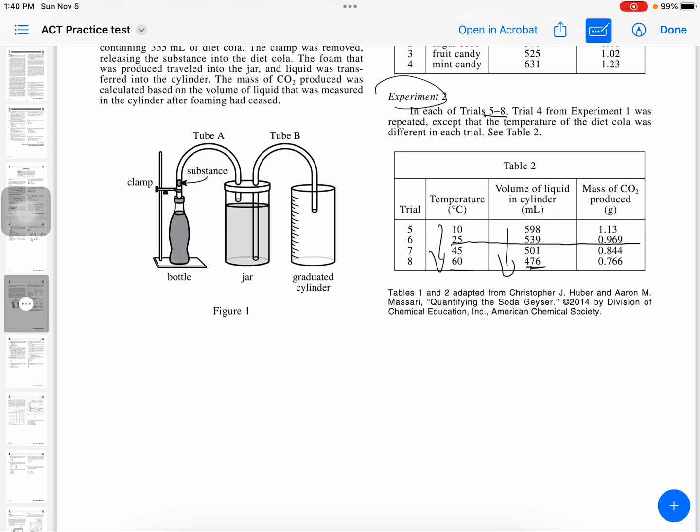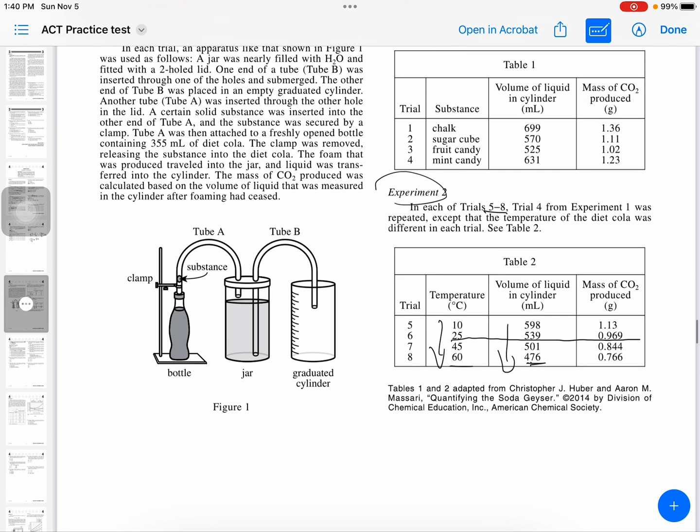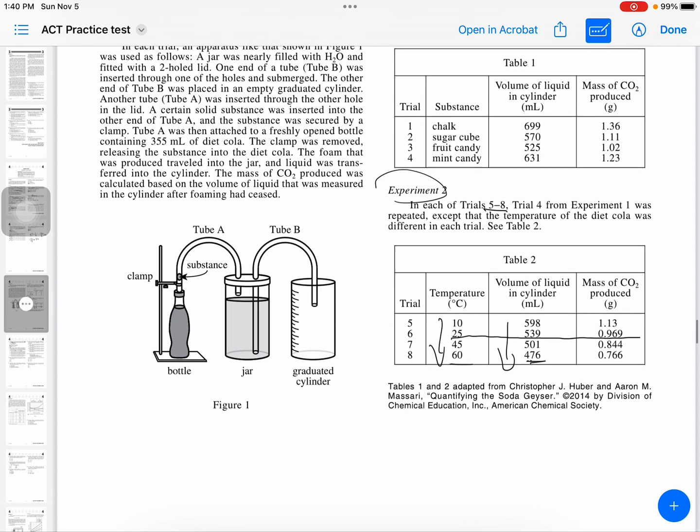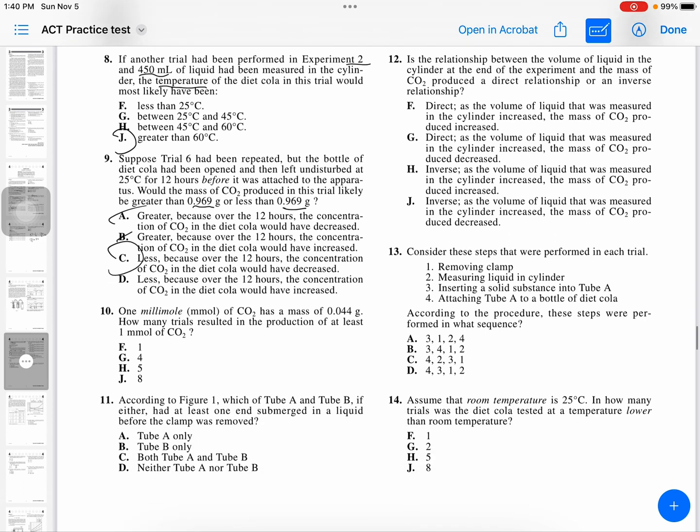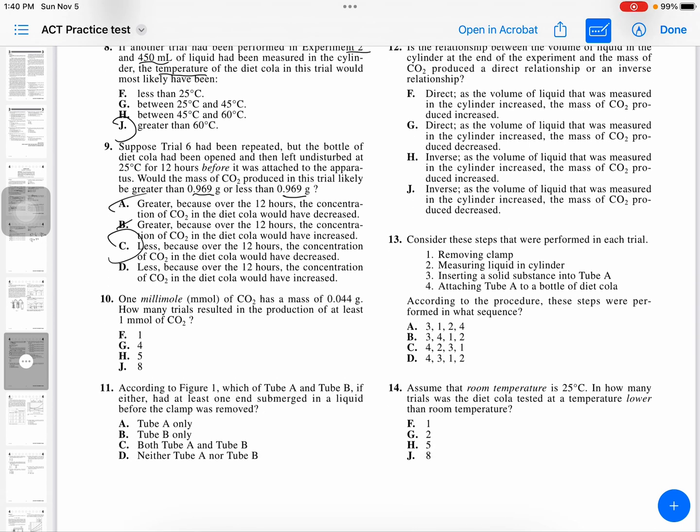And so I would just say, based on common sense, that some CO2 is going to escape and it's going to be less than. So I'm just going to get rid of these. Just because everybody knows, if you've drunk cola before, if you leave it out for 12 hours, you can get flatter.